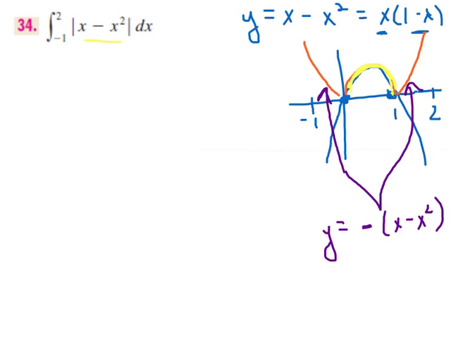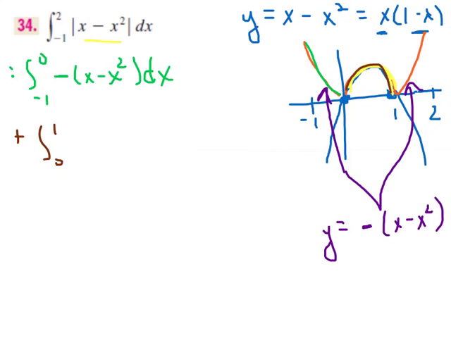So what do we do? We actually have 3 separate integrals to find this answer. To find this answer, we want to integrate from negative 1 to 0, this part, negative x minus x squared, and then from here to here, which is 0 to 1, we want to integrate the actual x minus x squared, because that piece of the graph didn't have to change, so that means the function doesn't change.